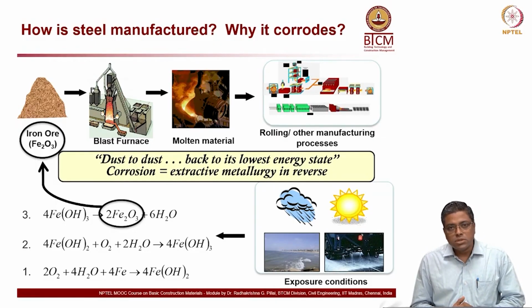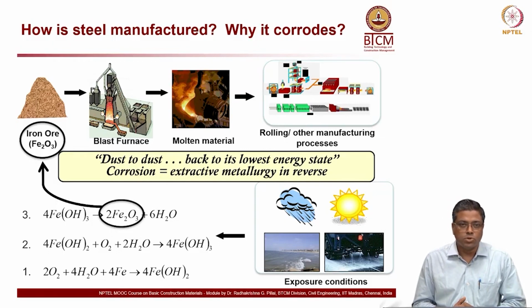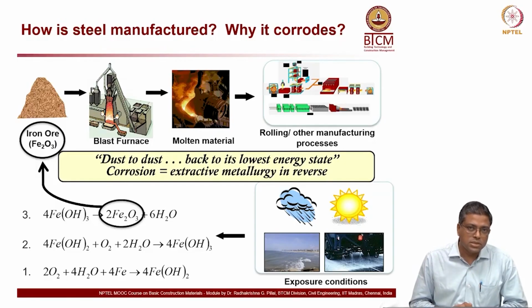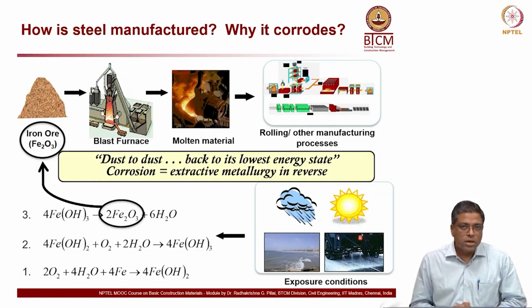So when we use this steel in concrete structures, the structures get exposed to moisture, oxygen, carbon dioxide, chloride, etc. In these exposure conditions, the steel will get corroded, and this corrosion is nothing but extractive metallurgy in the reverse direction. And the corrosion product has a similar chemical structure to that of iron ore.